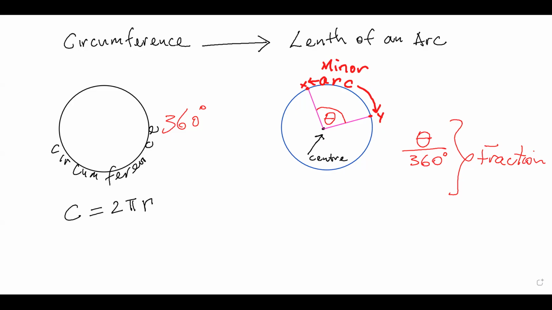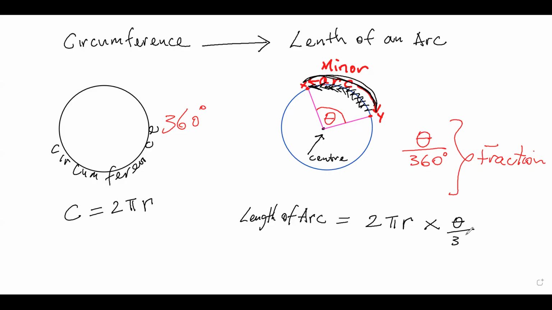Okay, now listen up, everybody. To find the length of an arc, we are using a fraction. If I want to find this arc here, this distance here, the length of an arc would be 2 pi r multiplied by theta over 360.